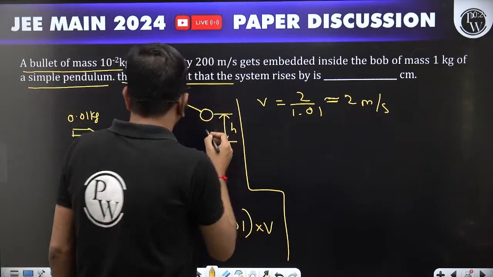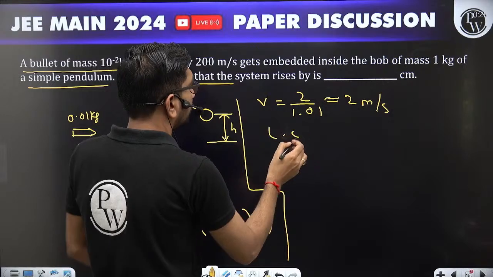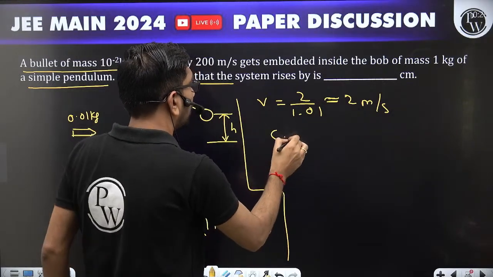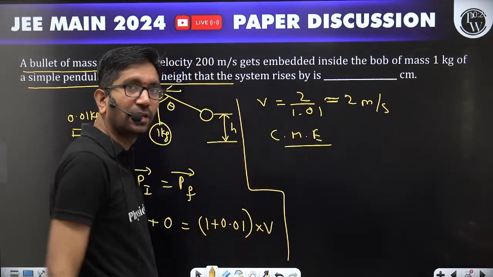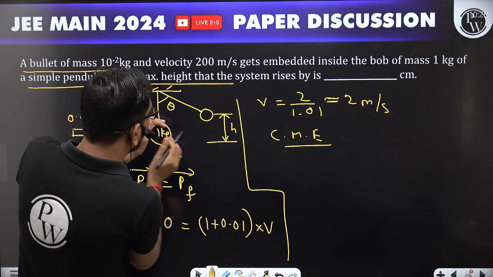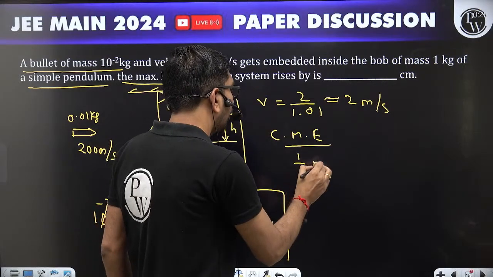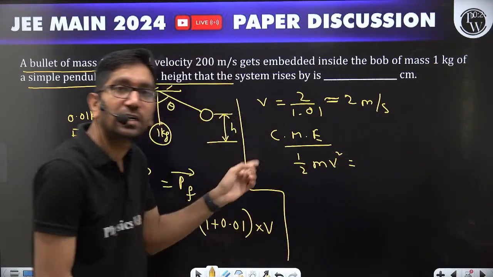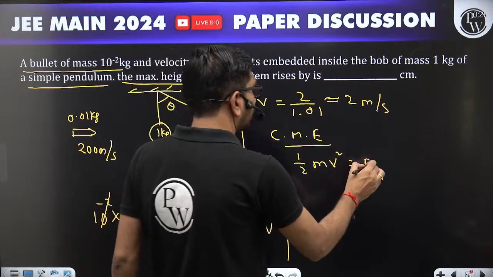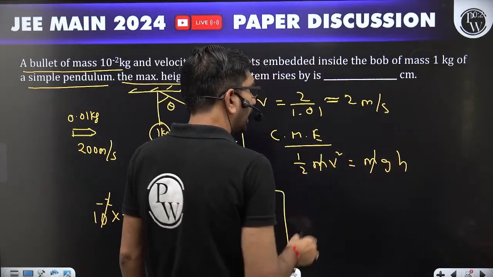Now, conservation of mechanical energy I'm applying here, okay. Here the kinetic energy is converted into what? Potential energy, right? The kinetic energy, half mv square, is converted into the potential energy, mgh. This one gets cancelled, right?